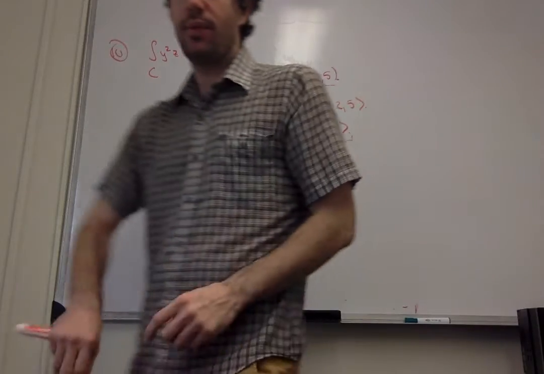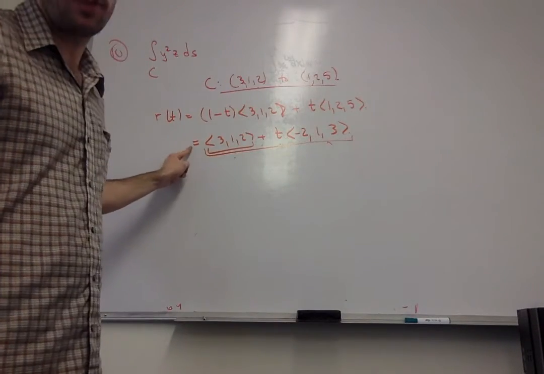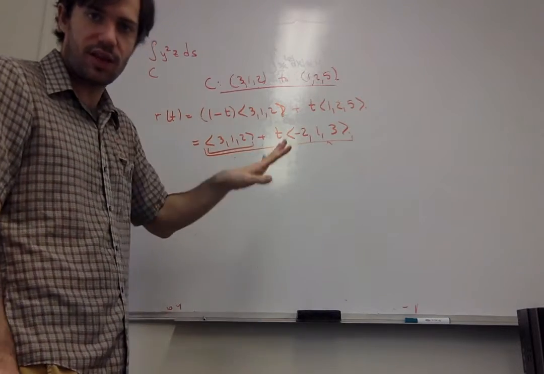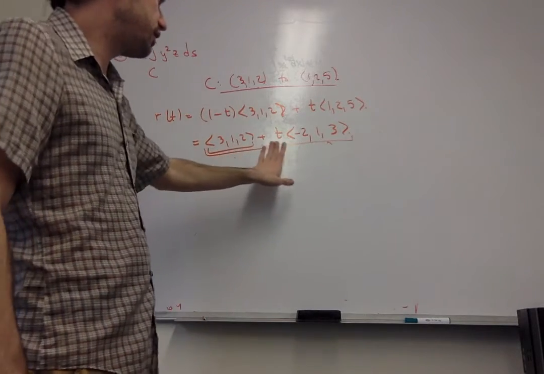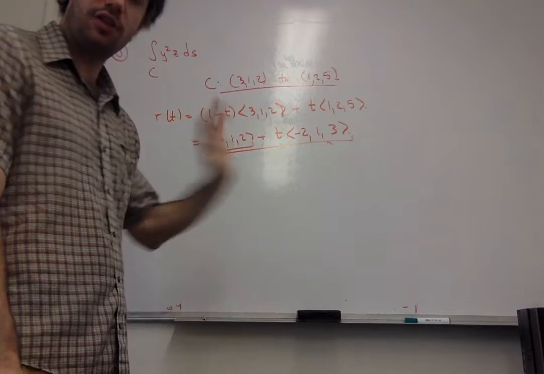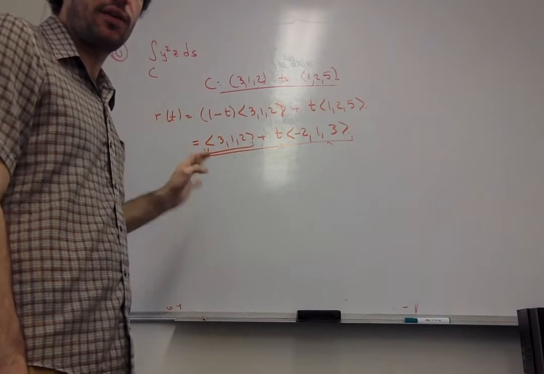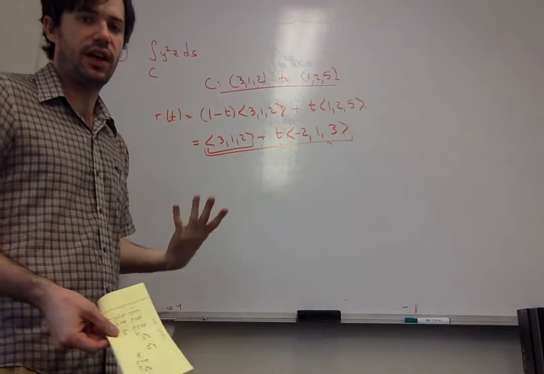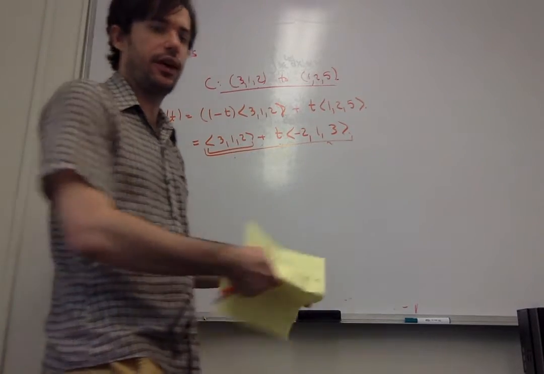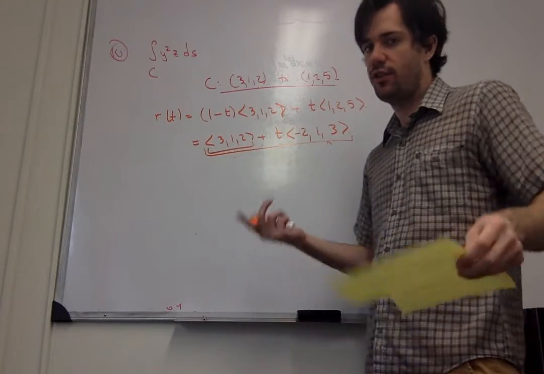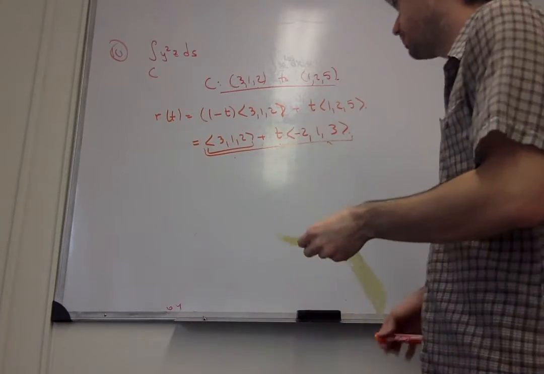So I recommend you just do it the second way. You skip the first step, the way the book tells you, and do initial plus t times direction vector. But I'm including the first part because this is how your book does it, and I want you to be able to connect to different concepts. If you want a connection to the book, do it that way.